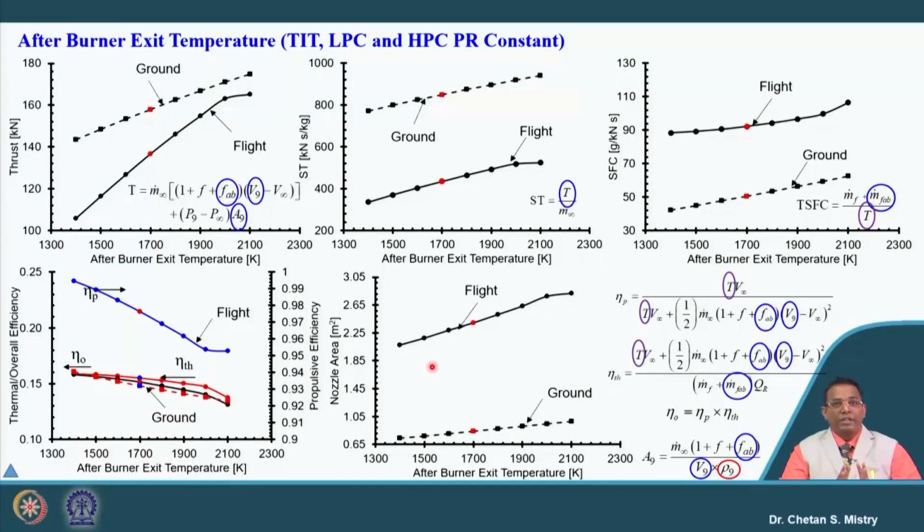So, all this that we are discussing in terms of the effect of different parameters or different numbers, such as overall pressure ratio, HP compressor pressure ratio, LP compressor pressure ratio, and turbine entry temperature, is fixed for this particular numerical. Okay.